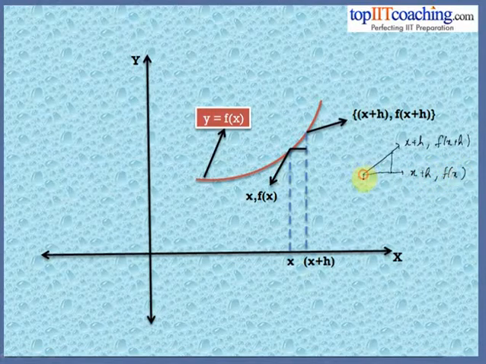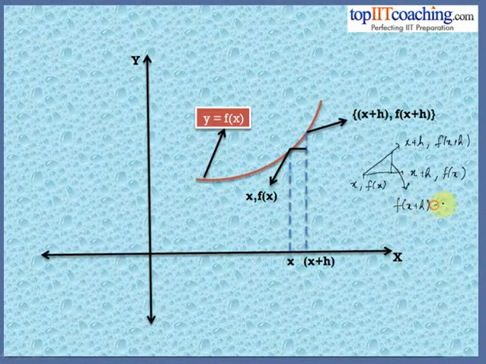This point is (x, f(x)). Now this distance would be equal to f(x plus h) minus f(x), and similarly this distance would be x plus h minus x, so that would be equal to h.